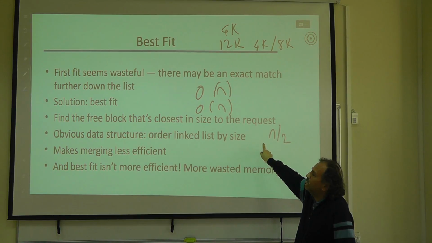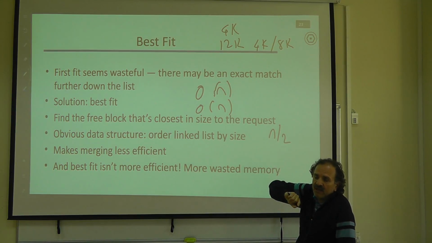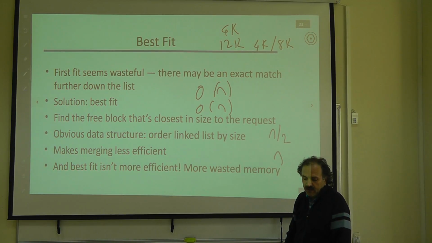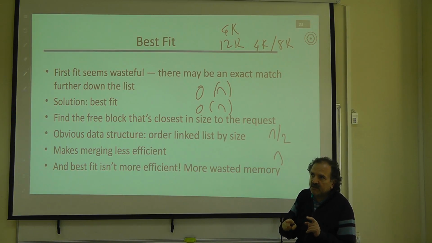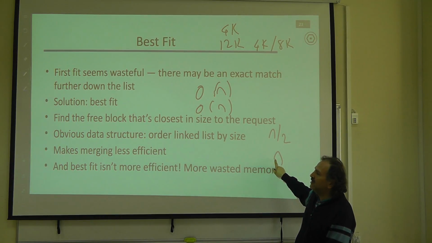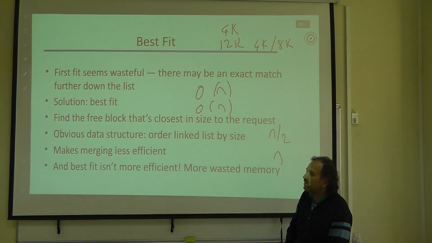But if I order them by the address, then I need to check all of them. So on the average, I will look at all n of them if I don't do it by size. If I do it by the address, as I did for the first fit, I need to look at all of the available holes because I don't know which one is the best. It could be the last one.